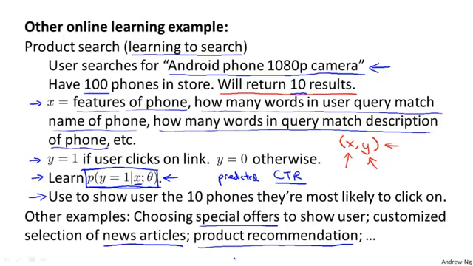And of course, one other advantage of online learning is also that if you have a changing pool of users, or if the things you're trying to predict are slowly changing, like if your user taste is slowly changing, the online learning algorithm can slowly adapt your learned hypothesis to whatever the latest sets of user behaviors are like as well.